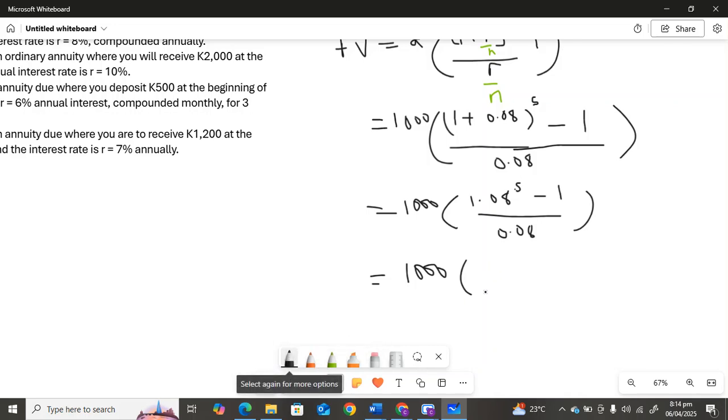So it says 0.469 divided by 0.08. So 0.469 divided by 0.08, we get 5.866.